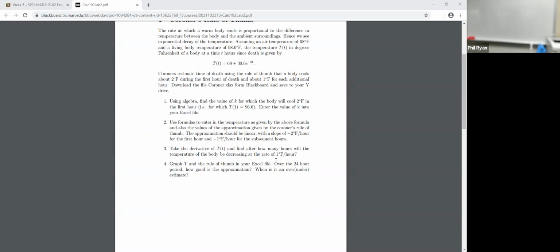So I want you now with a piece of paper to figure out, we've got 68 plus 30.6 e to the minus kt. When will the body be 96.6? And t is going to be 1.